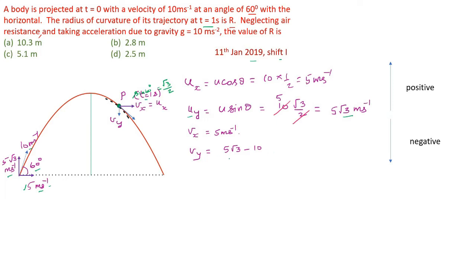So Vy is equal to uy plus at, uy is 5 root 3, a equal to g, which is 10, but it is taken negative, so minus g we have to write. Why? Because it's in the downward direction. T is 1 second, so 10 into 1 is 10. So simply we get 5 root 3 minus 10. If you evaluate this, you will get a negative value. That is justified because gravity is acting vertically down for the time t equal to 1 second. Vy can also be positive depending on where the projectile is.